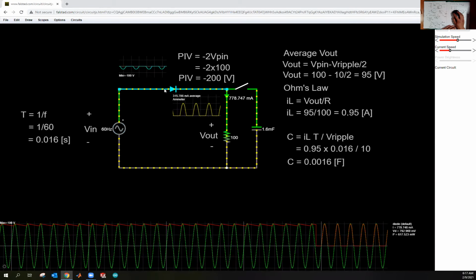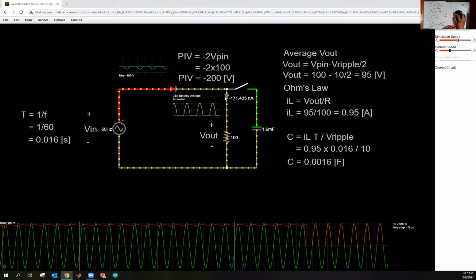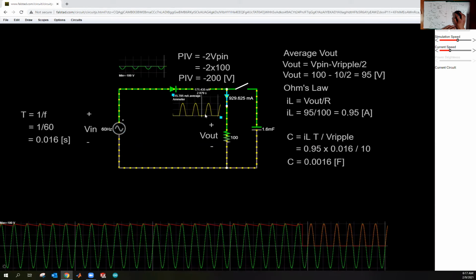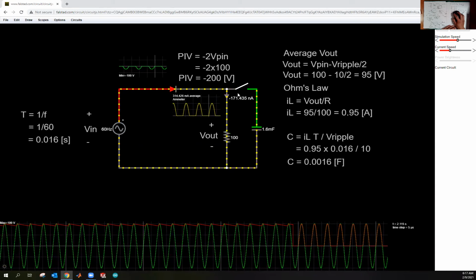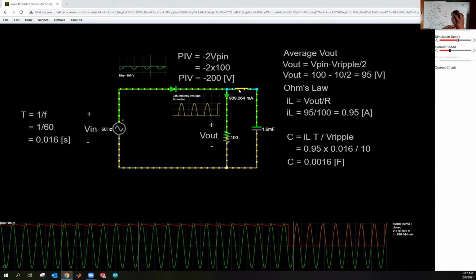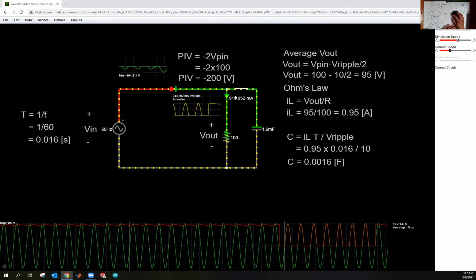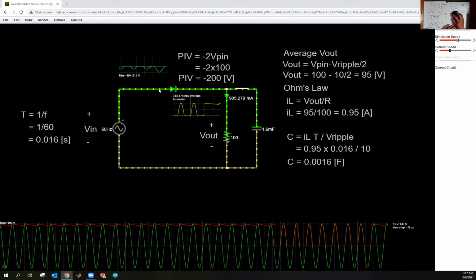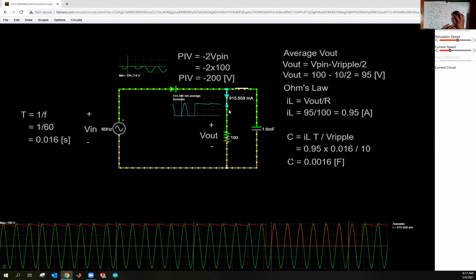Okay, the diode is doing its action, right? It's blocking and then allowing current flow. You can see the current plotted positive, zero, positive, zero, just like the voltage. Now, if I connect this capacitor in, if you look at the yellow dots here, you can see that when this diode is turned off, the capacitor is delivering current.